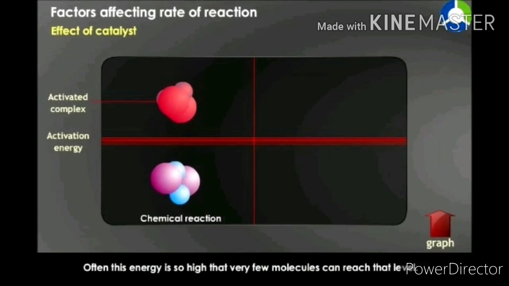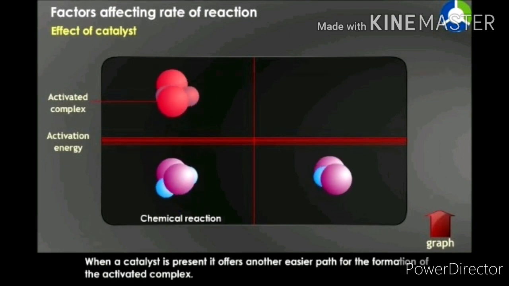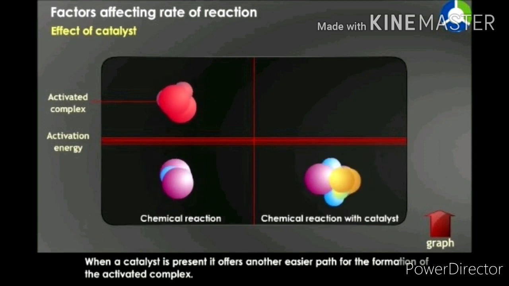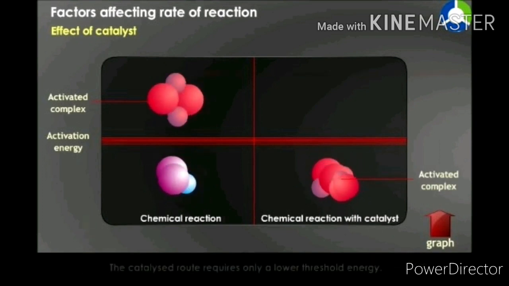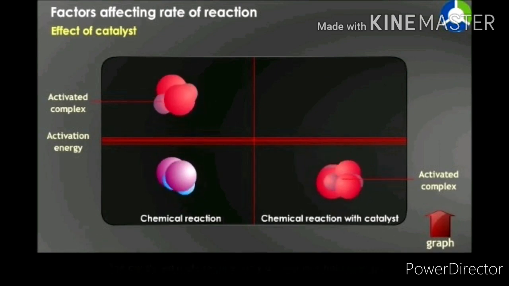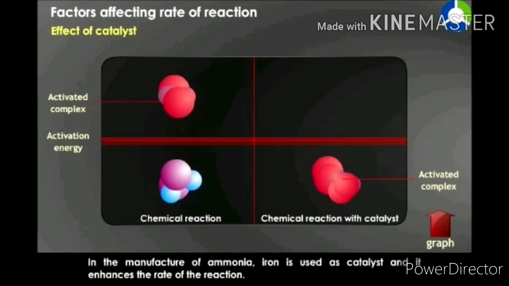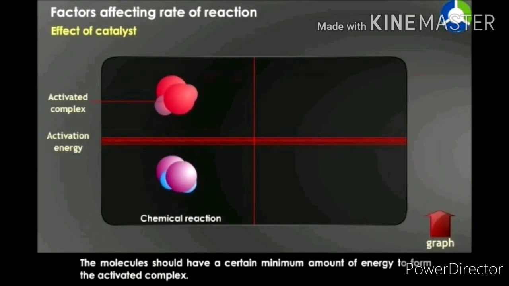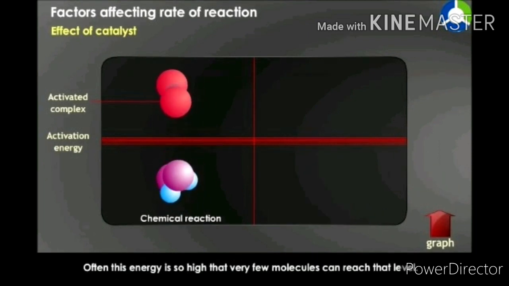Often this energy is so high that very few molecules can reach that level. When a catalyst is present, it offers another easier path for the formation of the activated complex. The catalyzed route requires only a lower threshold energy. In the manufacture of ammonia, iron is used as a catalyst and it increases the rate of the chemical reaction.